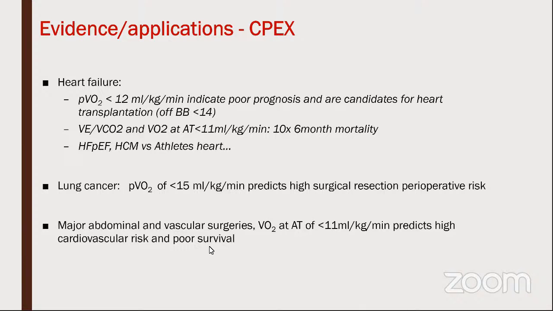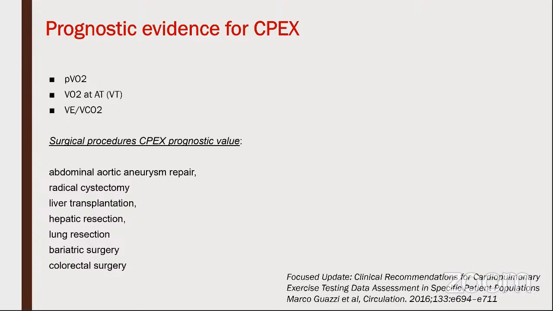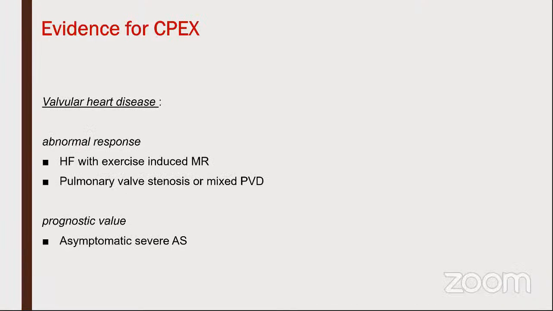Specifically for cardiac patients in valvular heart disease, it's known that, for example, exercise-induced MR or pulmonary heart disease patients have abnormal CPEX results. And if you, for example, correct pulmonary valve disease, your ventilatory efficiency, the VE/VCO2 slopes, improve quickly, and a few months later, the VO2 goes up.